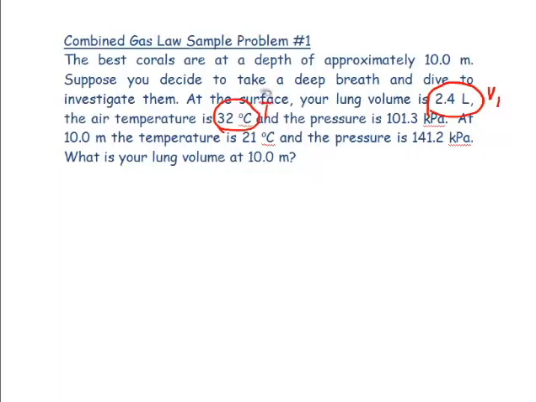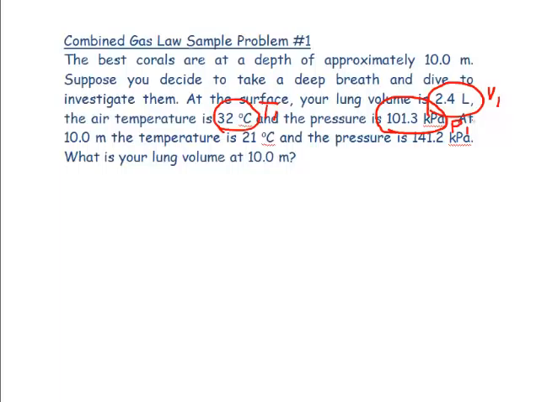Now, bear in mind that before we can use that temperature, we're going to have to convert it to Kelvin, but nonetheless, that is T1. And we're told that our first pressure, our initial pressure, is 101.3 kilopascals. That's P1. And you probably recognize that as an abbreviated form of standard atmospheric pressure.